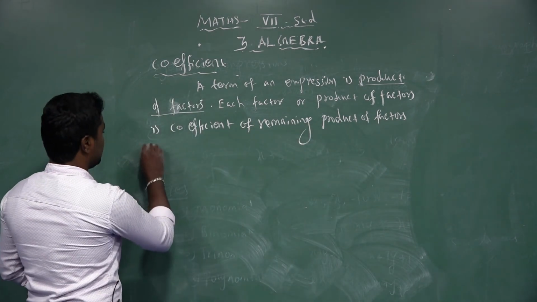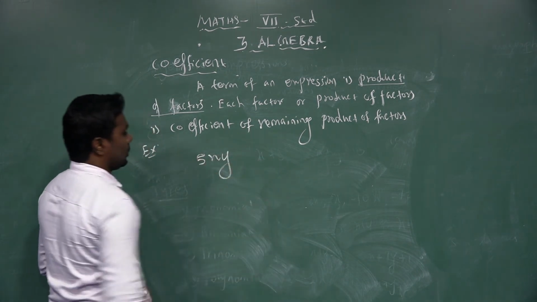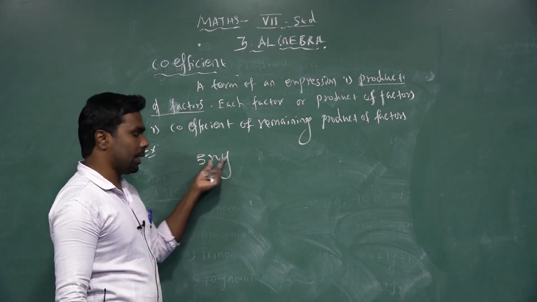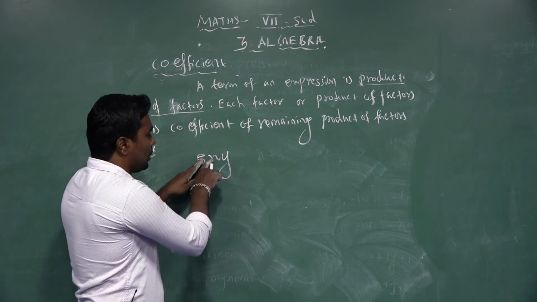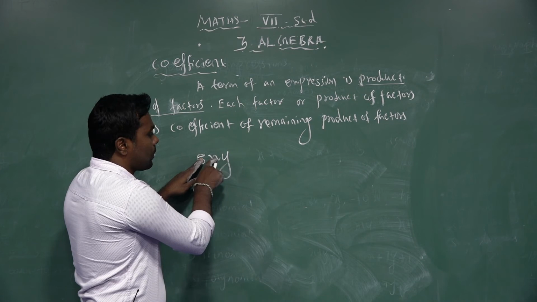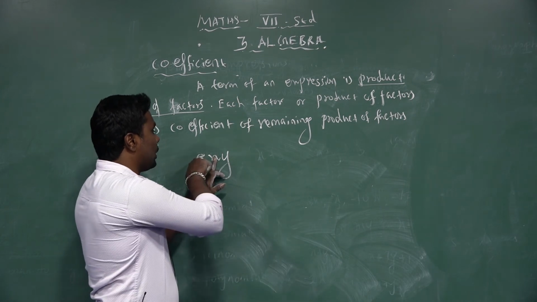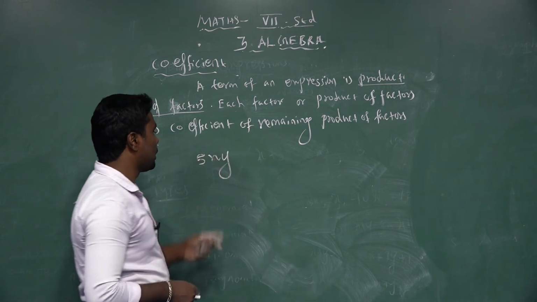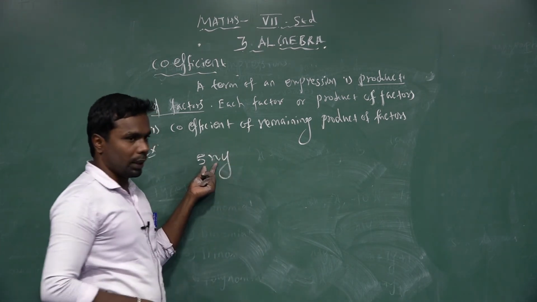For example, take the term 5xy. Here 5 is the coefficient of the remaining product of factors xy, and x is the coefficient of the remaining product of factors 5y, and 5x is the coefficient of the remaining factor y.